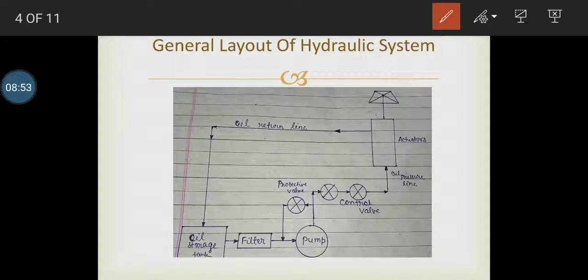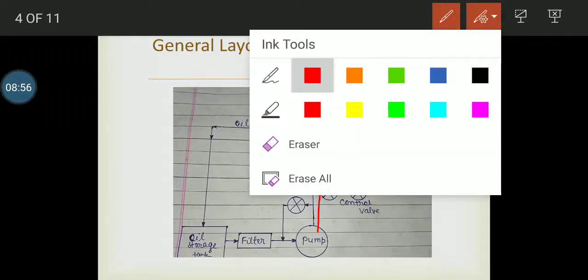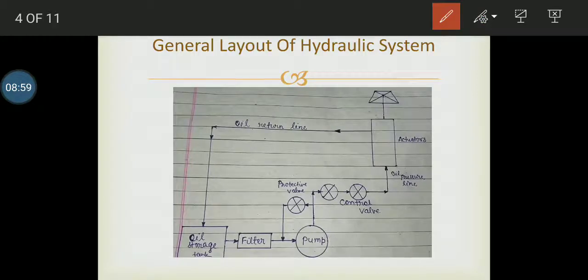Then this pressure is controlled by the control valve. If I require a certain amount of pressure, I will set that pressure inside the control valves, and accordingly that pressure will be maintained throughout the fluid. If the pressure is very high compared to the required pressure, many times there are chances that a pipe may burst. The pipe which is containing the pressurized fluid bursts because of the heavy pressure generated by the pump when the requirement of pressure is very low.